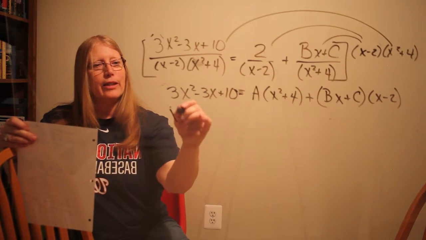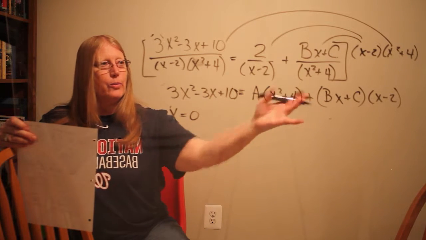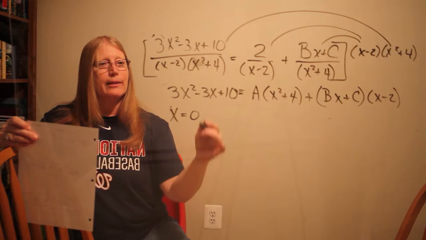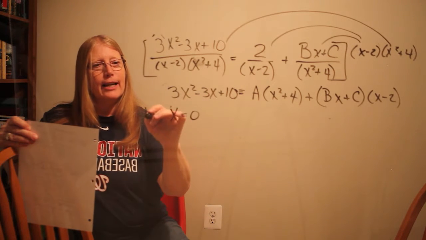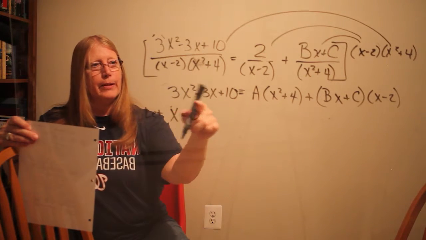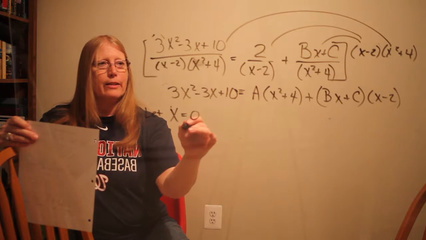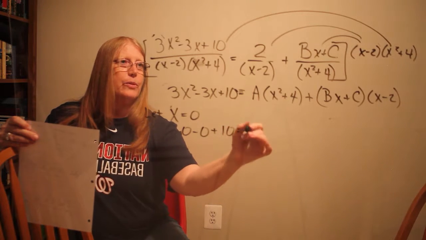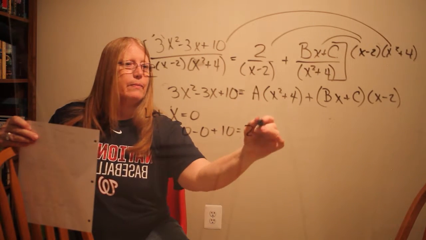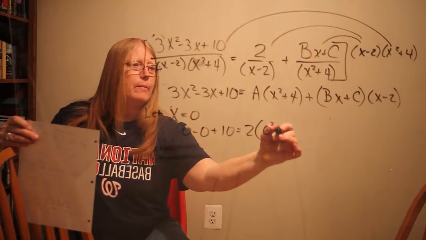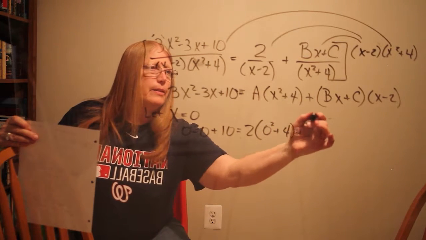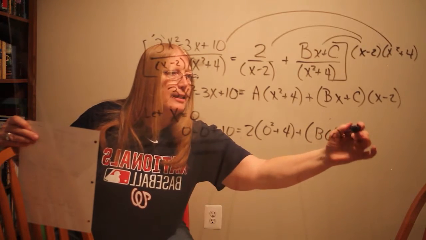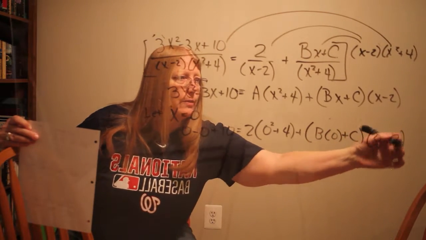Let x equal 0. There isn't a real obvious one here that will zero out any other terms, so we'll just take 0. So I'm putting in a 0 here. I get 0 minus 0 plus 10 equals a, which I already know is 2, times 0 squared plus 4 plus b times 0 plus c times 0 minus 2.